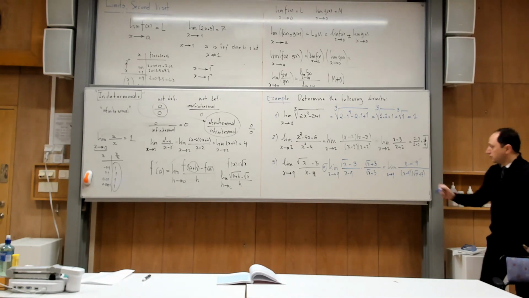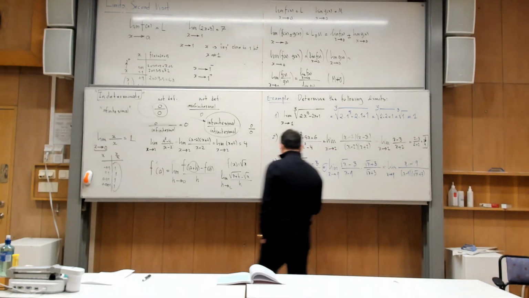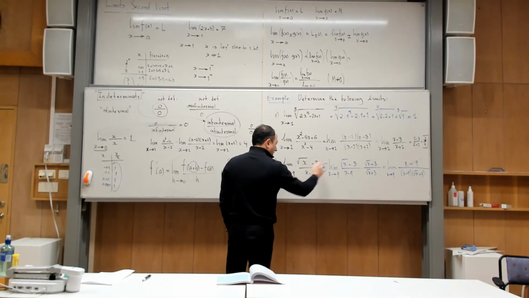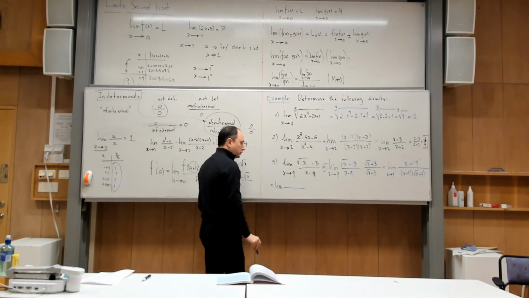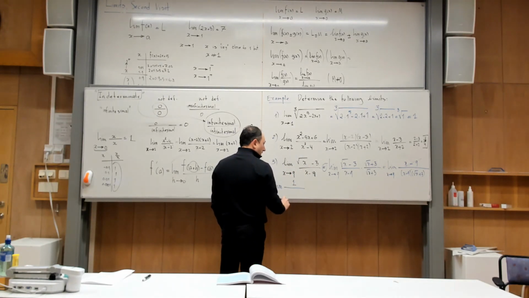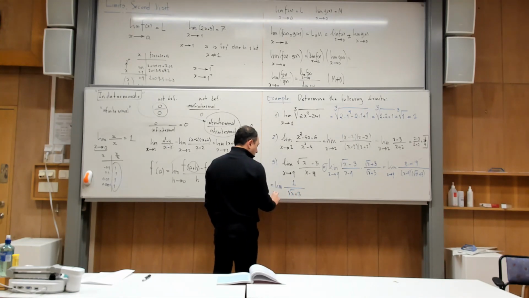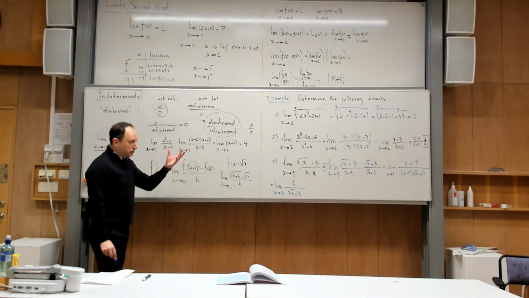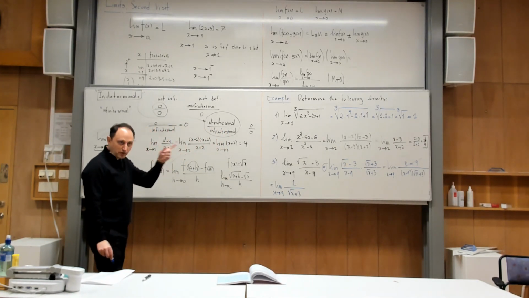So what is left in the numerator, and by the way, let me just repeat, you have to carry on this limit sign over and over again until the very last step. So the numerator is 1, and the denominator is square root of x plus 3. And now x goes to 9. So the reason for indeterminacy is gone away, and that was x minus 9.